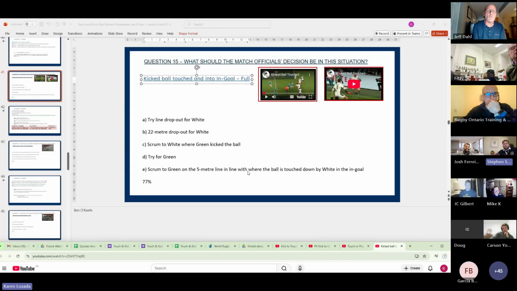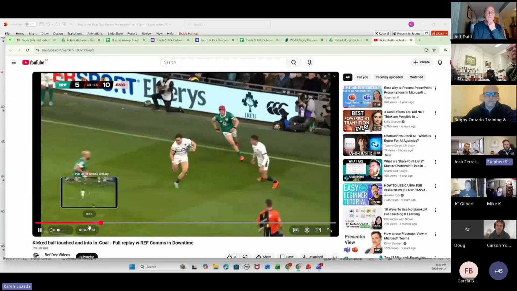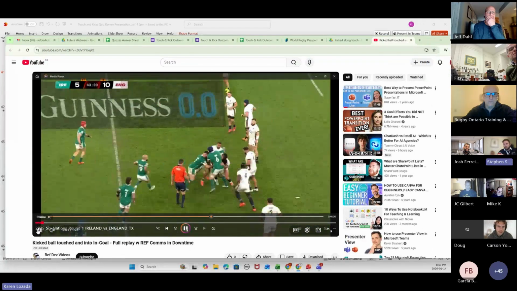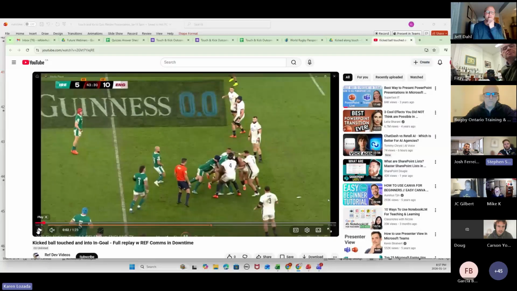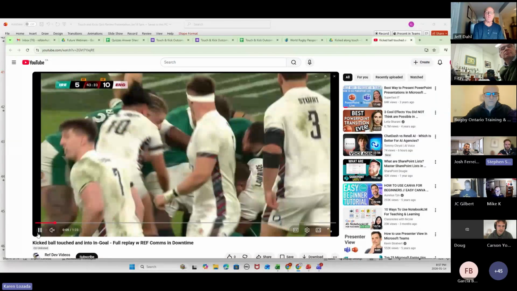Amazing. So what I'll just share is, as a referee in the middle of the field or even an AR, what can we look at before that ball even hits the in goal or 22? What player can we watch? And as we watch the clip, just think about that. If we take it back to just before the initial kick, this is something to keep in your mind for referee triggers: what is the team trying to do, or what does the team think the expected outcome will be?